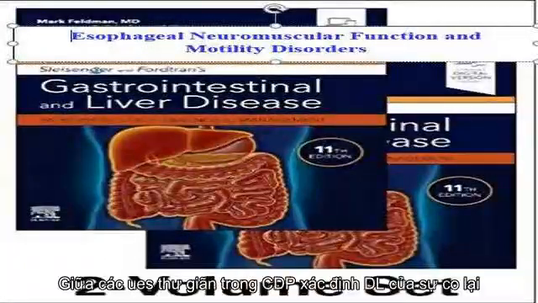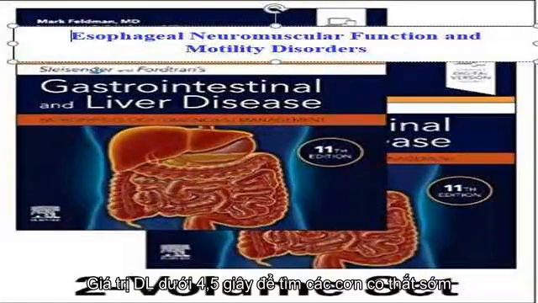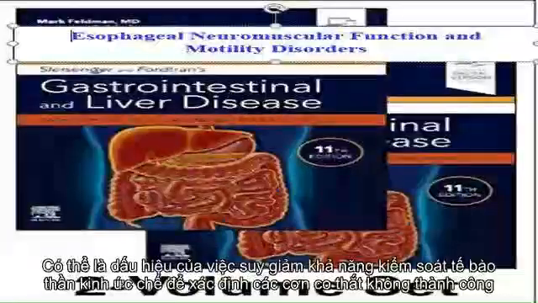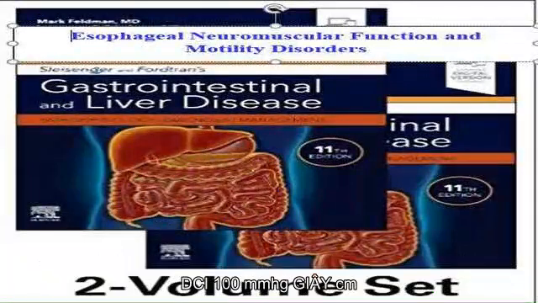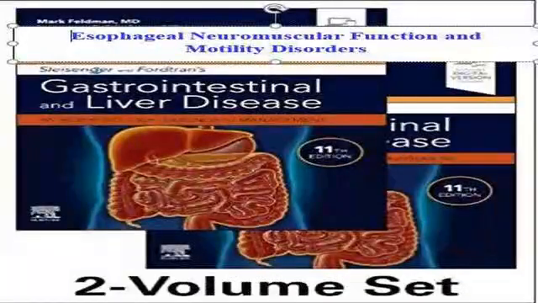The interval between UES relaxation and the CDP defines the DL of the contraction, as illustrated in Fig 44.3. DL values of less than 4.5 seconds define premature contractions, likely indicative of impaired inhibitory neuronal control. Also defined are failed contractions, DCI less than 100 mm Hg·sec·cm; weak contractions, DCI less than 450 mm Hg·sec·cm; and hypercontractility, DCI greater than 8000 mm Hg·sec·cm.